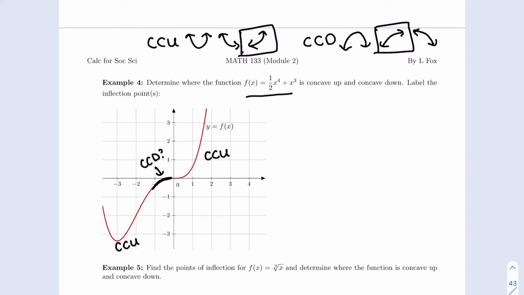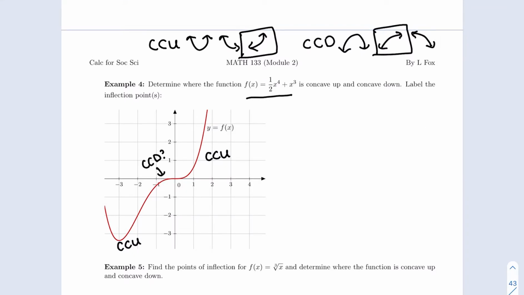So let's see what we think here. So we found our concavity, and let's just guess some inflection points, and then we'll find them for sure with the equation. So if I switch from concave up to concave down in this region here, I need to try to find an inflection point that's in between.